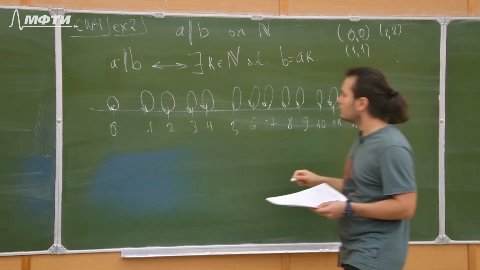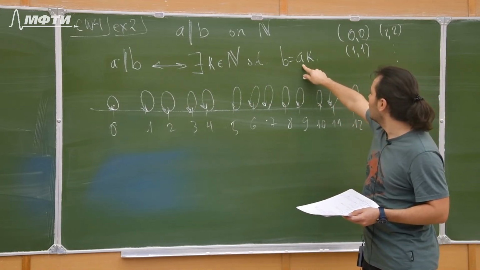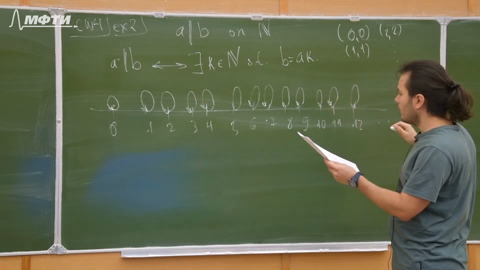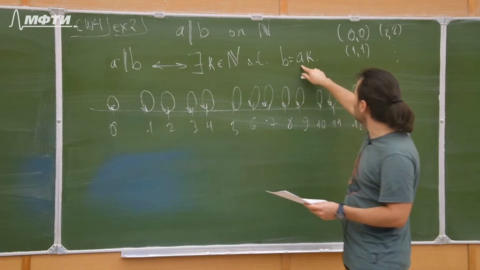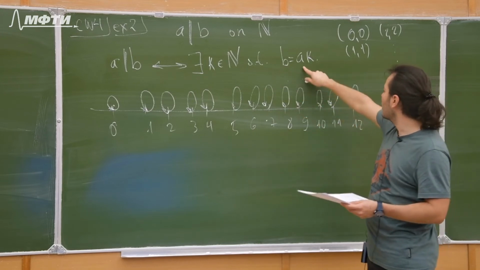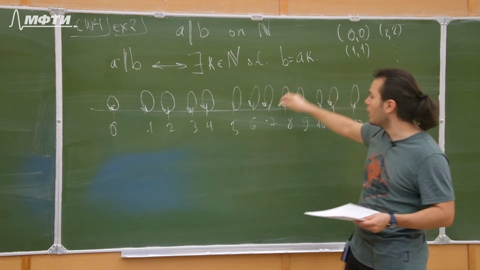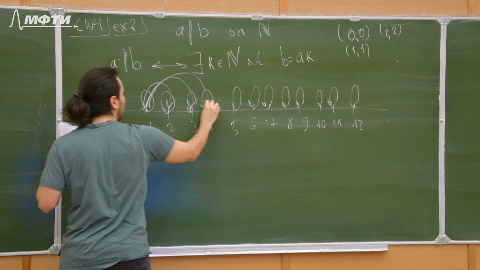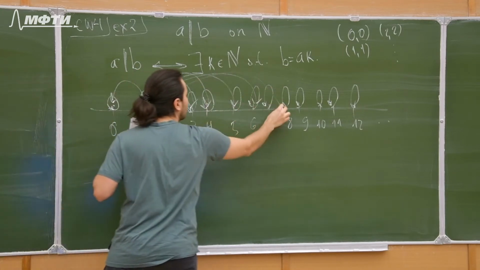Now we can see that if A is 1, then we can get from 1 to any B. K is in this case going to be B, so A times K is B. So from 1 we have all these lines to all the others, including 0, and so on.